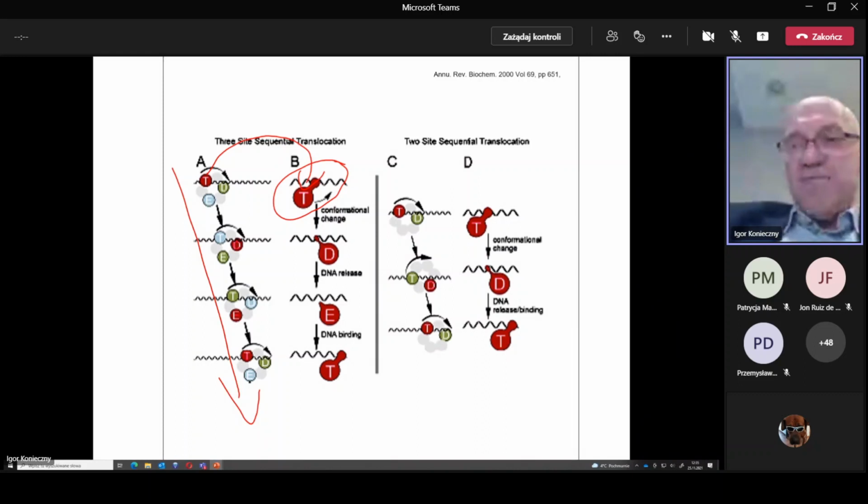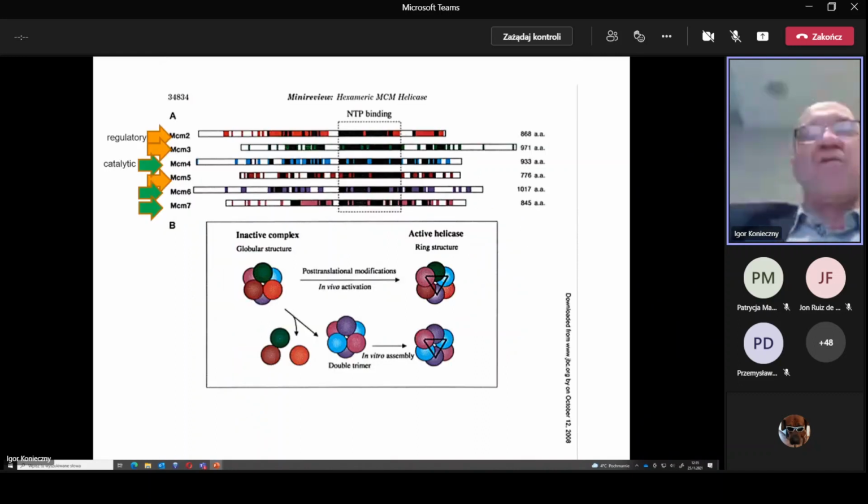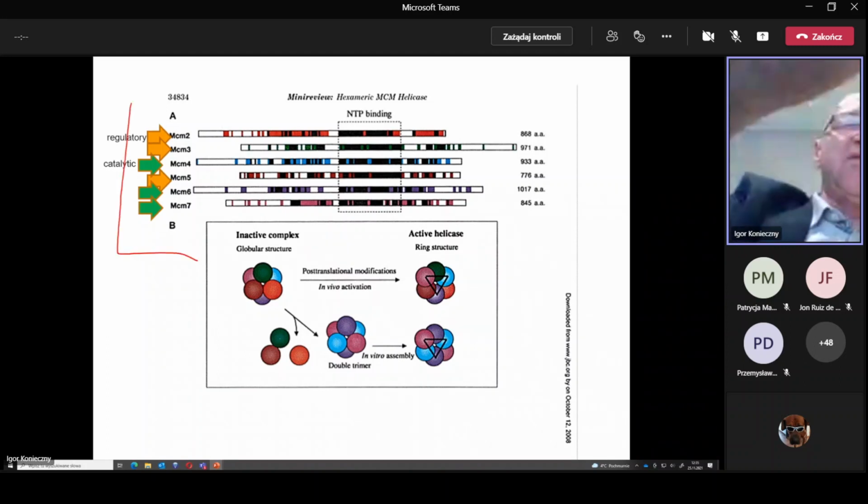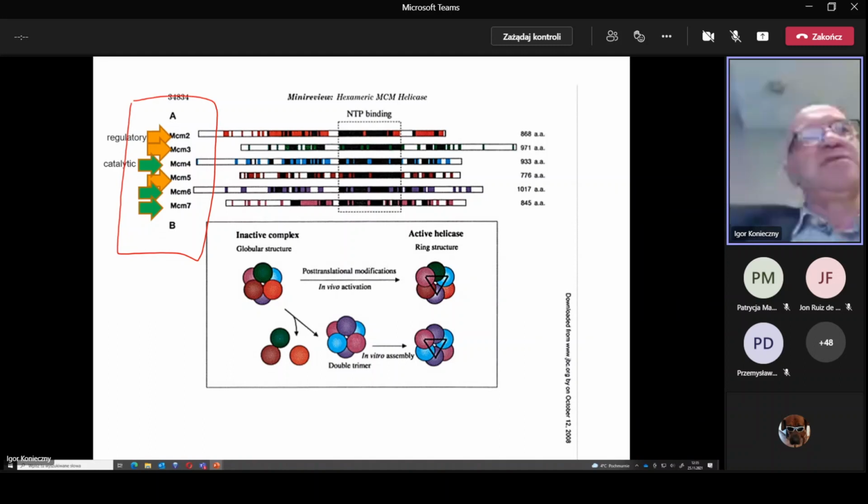Okay? And that makes possible the rotation of DNA, the rotation of DNA inside the helicase channel. And we have to remember that with eukaryotic helicases, it would be absolutely the same, but those protomers, those subunits, are structurally different.